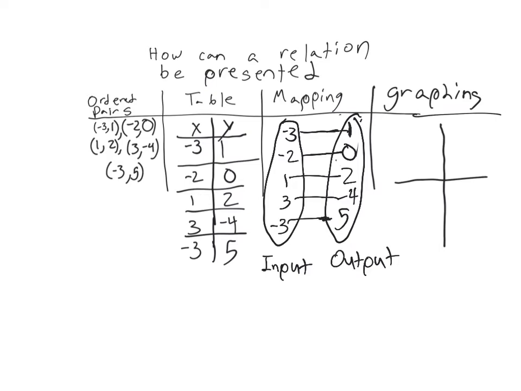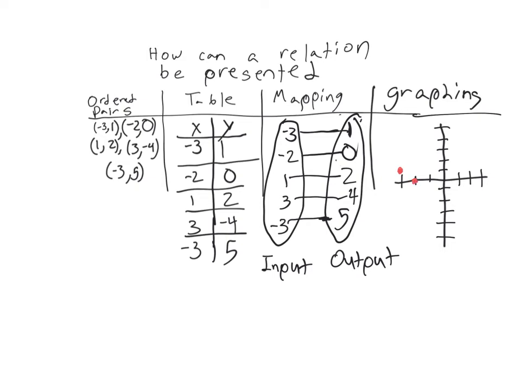Now, I can also graph this. So I need to go to -3, 1, which is right around here, -2, 0, which is right here, and I'm actually going to use a different color so it's clear where I'm putting these points.